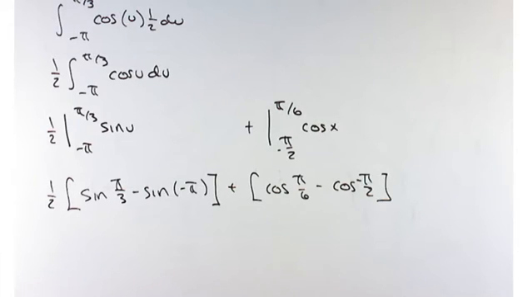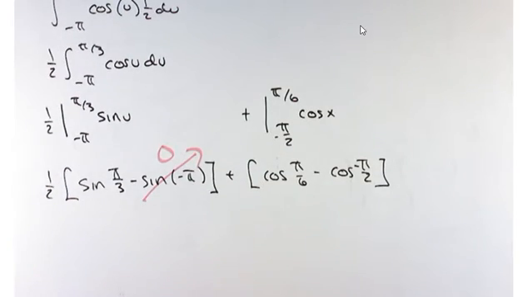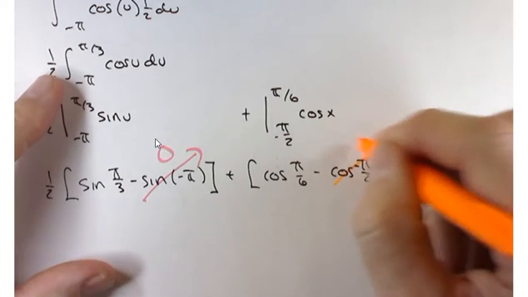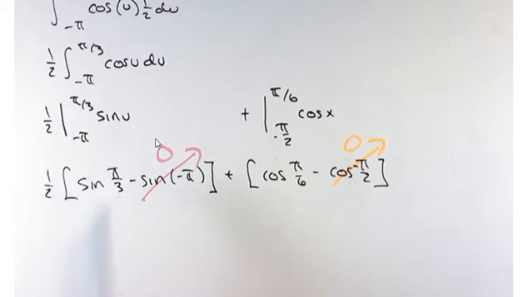Fortunately for us, a couple of these disappear. Which one of these terms disappears? Sine of negative pi disappears. Good, thank you. As well as cosine of negative pi over 2. Both of these are 0. What's the sine of pi over 3? Square root of 3 over 2.